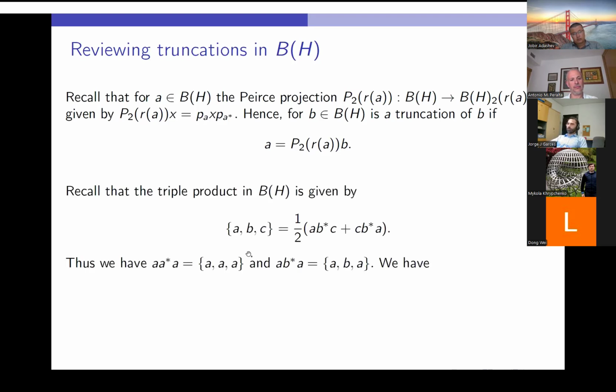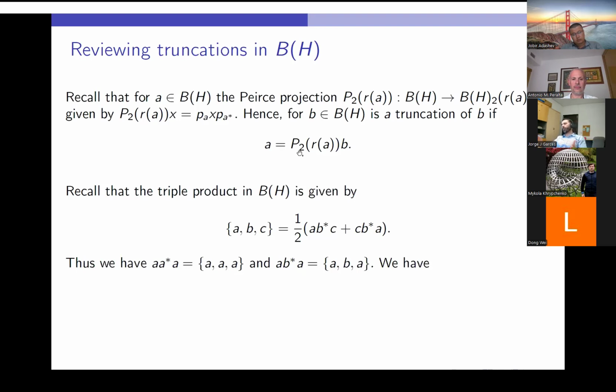Also, in the first definition of truncations, we mentioned that the characterization given by the authors that introduced truncations said that A is a truncation of B if and only if A star A equals A B star A. But this, if we consider the definition of the triple product in a star algebra, can be written in terms of the triple product.